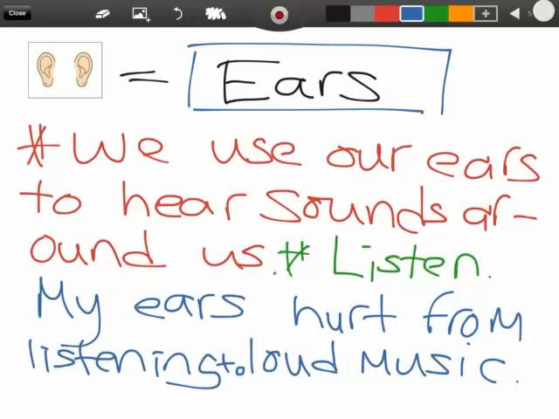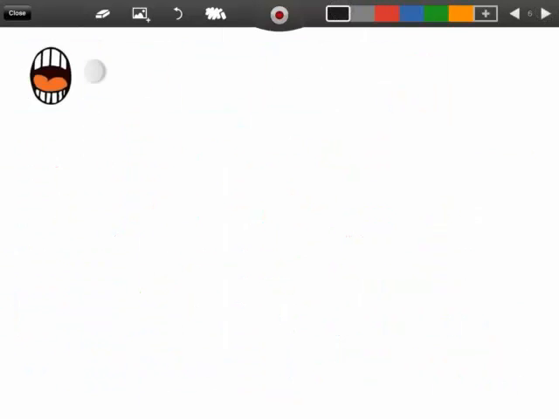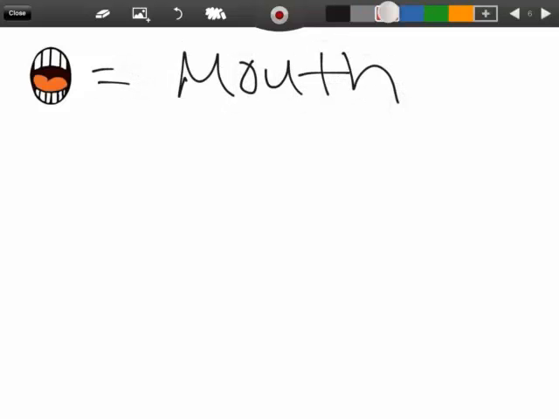Now, moving on to our next body parts on our face. This is called a mouth. And, well, what is a mouth? Or what do we use a mouth for?